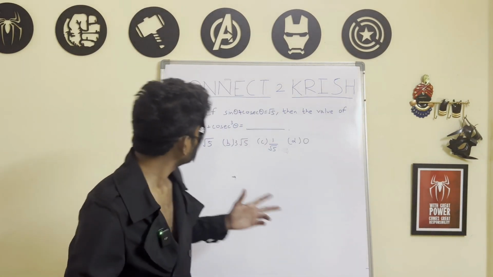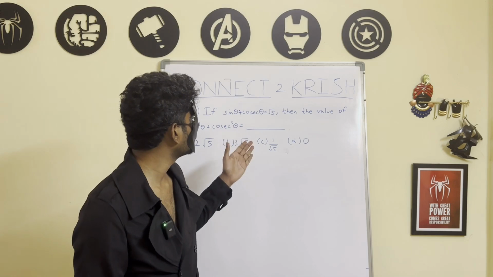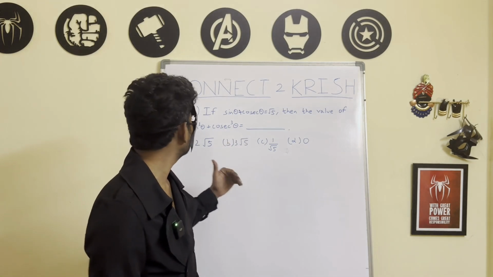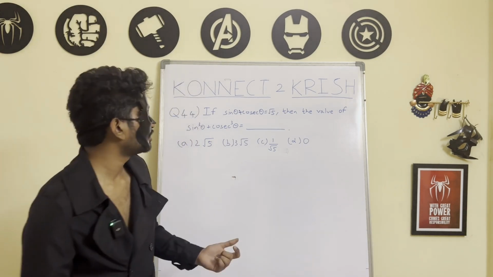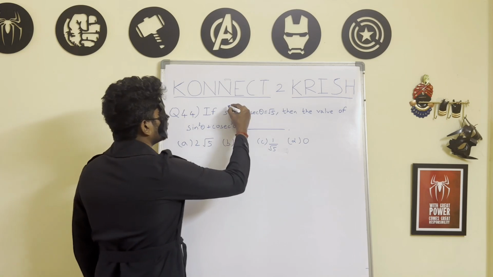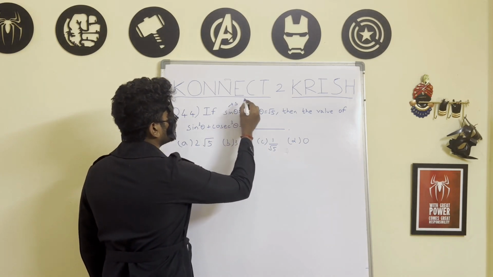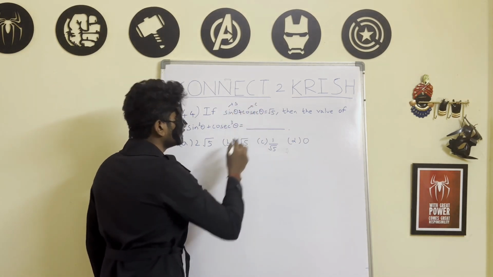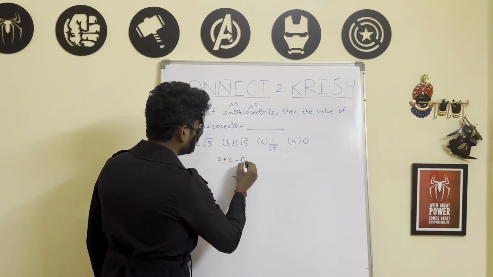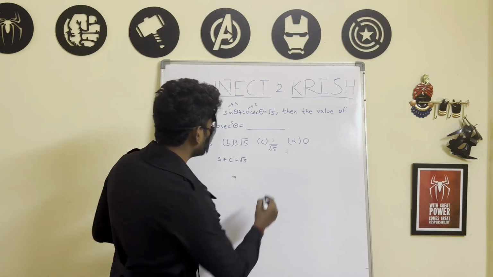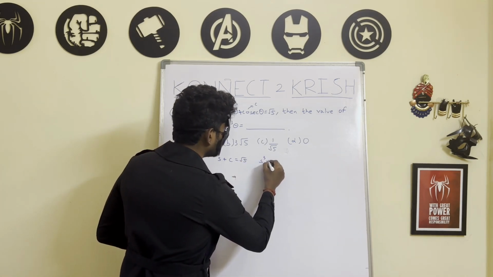So superhumans, next question is, if sin theta plus cosecant theta is equal to root 5, then the value of sin cube theta plus cosecant cube theta is equal to. I already taught you, just represent it in short forms. I will represent sin theta by s and cosecant theta by c. So he has given that s plus c is equal to root 5. He is asking the value of s cube plus c cube.